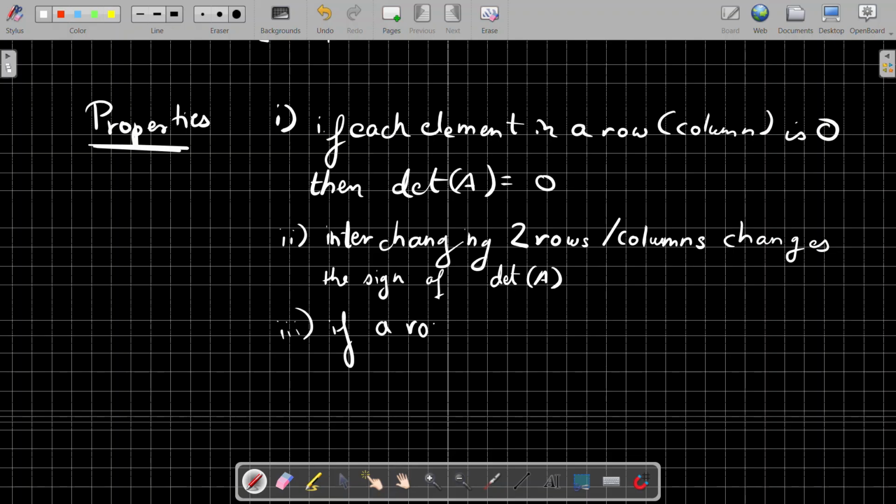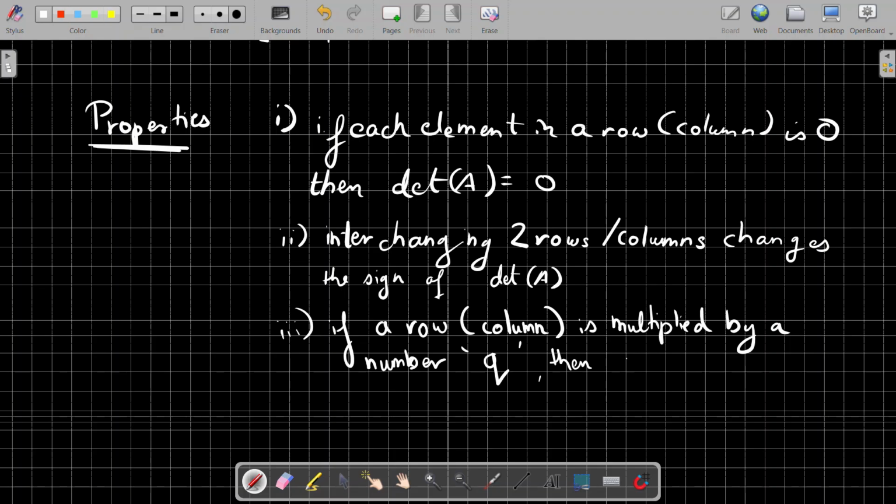If a row or column is multiplied by a number, let's say q for example, then the determinant of A can be written as... okay, wait, let's make this less confusing.